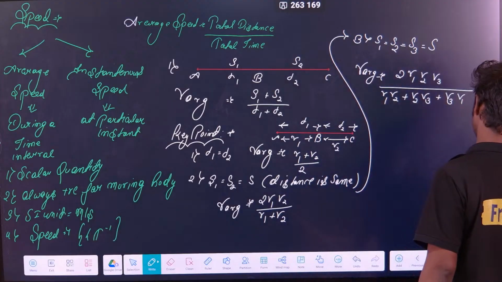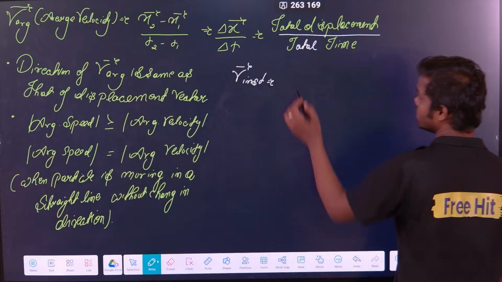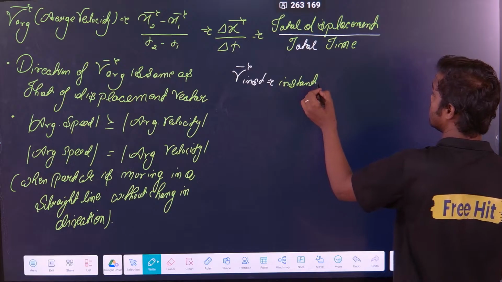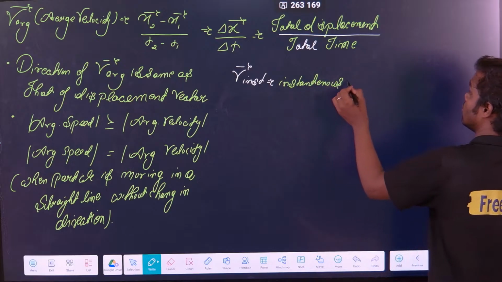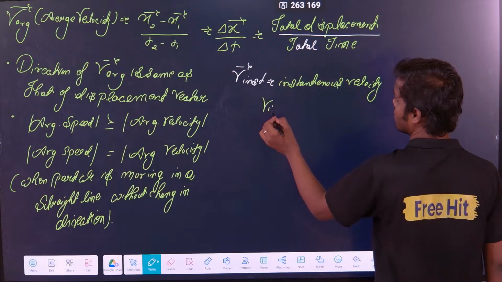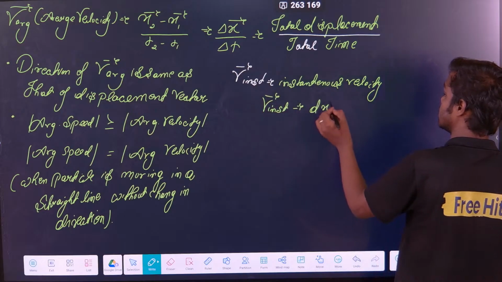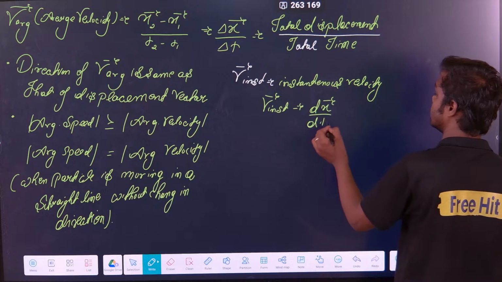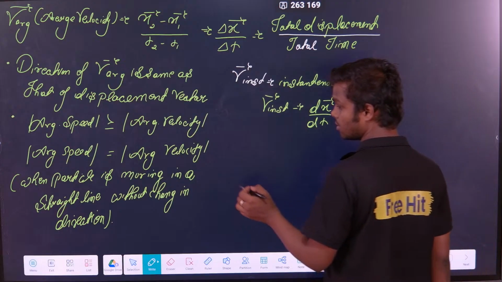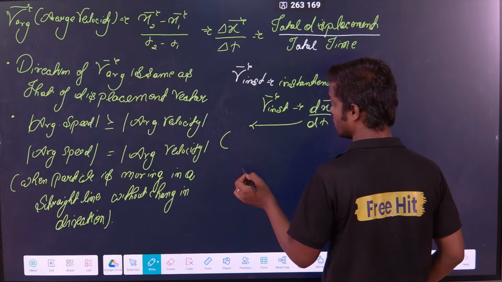So here also, if I am defining my V vector, it is the instantaneous velocity. That is, V instantaneous is equal to dx by dt, where x is a displacement vector. Remember, it is a displacement vector. Clear? And what can you understand from there?